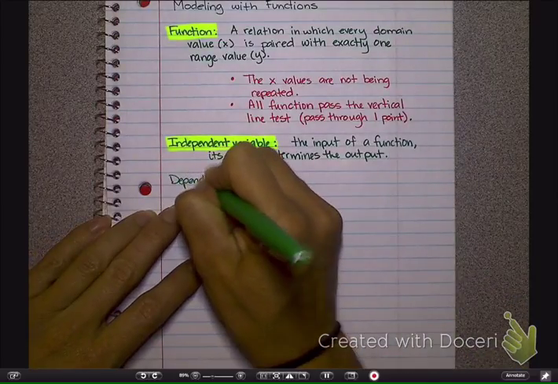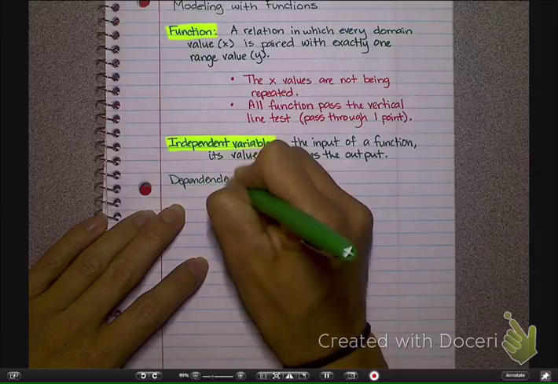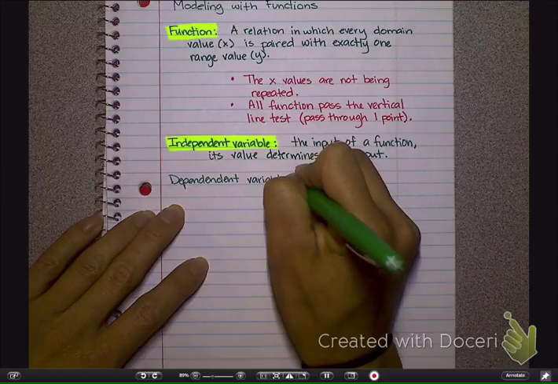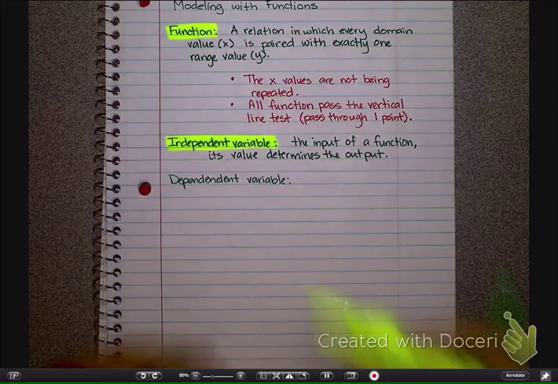We also have something called a dependent variable. This is another vocabulary word.